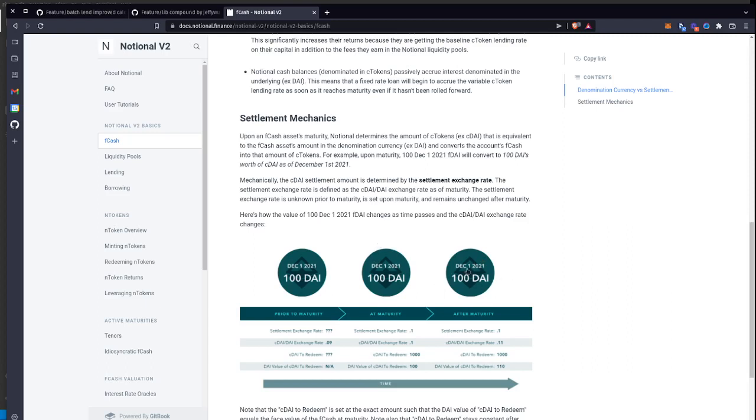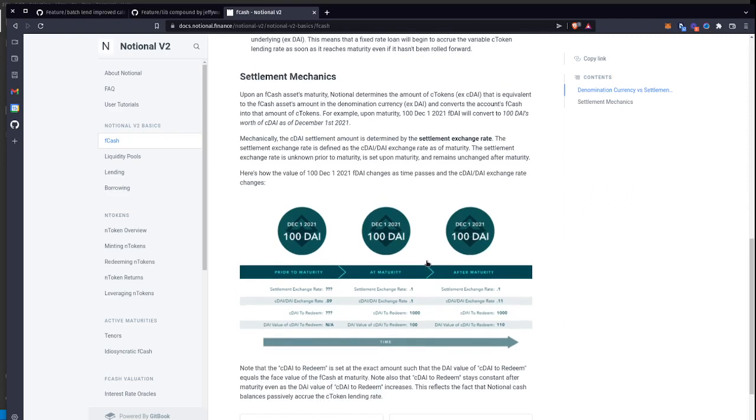And the fDAI is now redeemable for an amount of cDAI that represents 100 DAI at maturity. Going forward, that matured fDAI will start to accrue the money market cToken interest rate. Therefore, the user is not missing out on any interest after maturity.